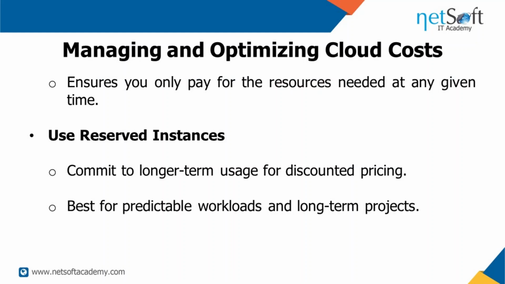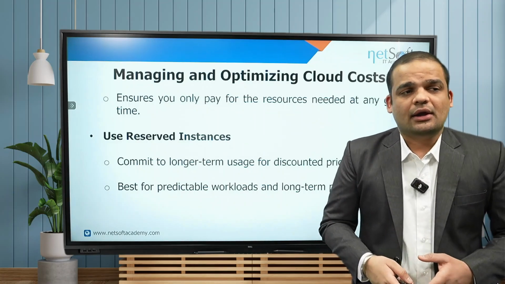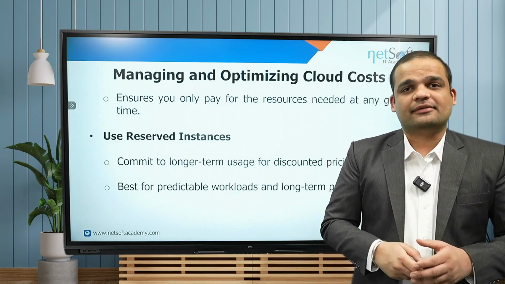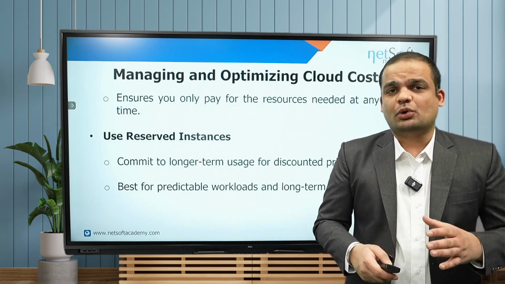One more trick is to use reserved instances. Committing to longer-term usage through reserved instances lowers the cost compared to pay-as-you-go pricing. Now, this is ideal for predictable workloads, such as running a simple database or enterprise application that needs to be available 24/7.